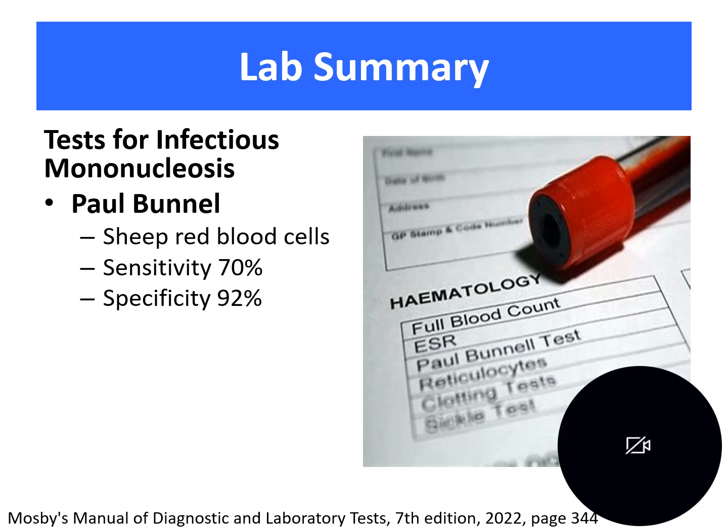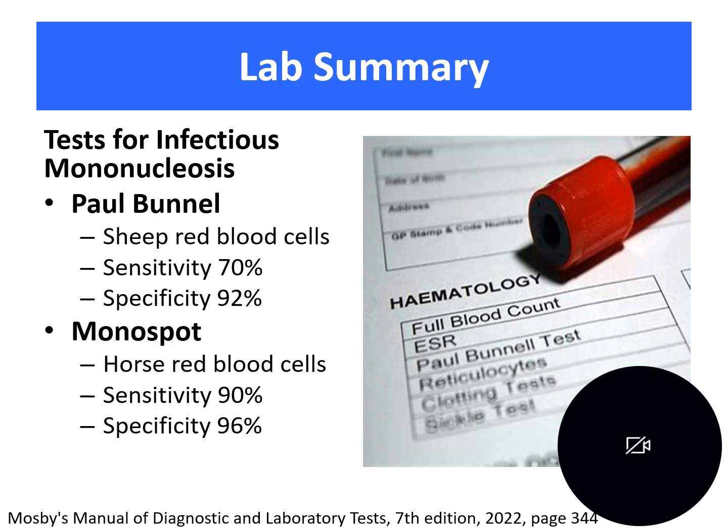The more modern test that is still in use is your monospot test. This again is another heterophile antibody test, but instead of using sheep red blood cells, it uses horse red blood cells. This has a much higher sensitivity and a much higher specificity than your Paul Bunnell, and therefore this is the reason it has supplanted the use of the older test.